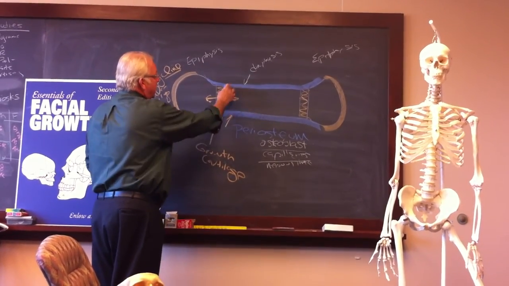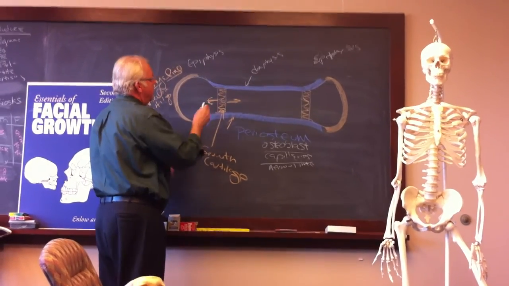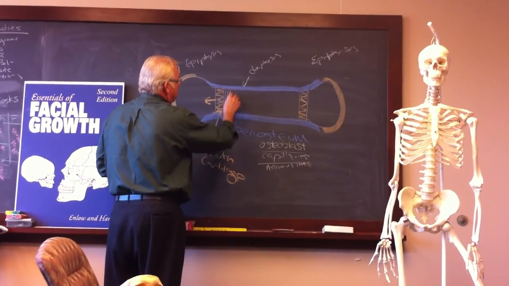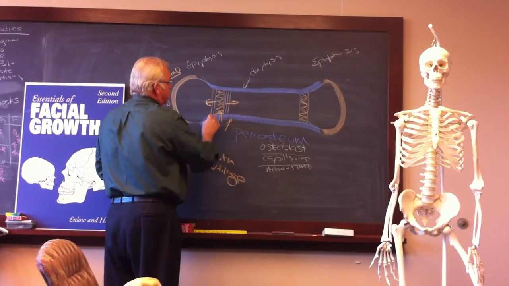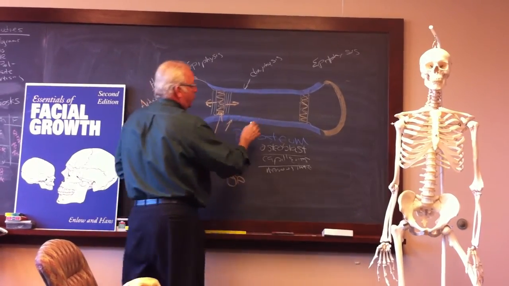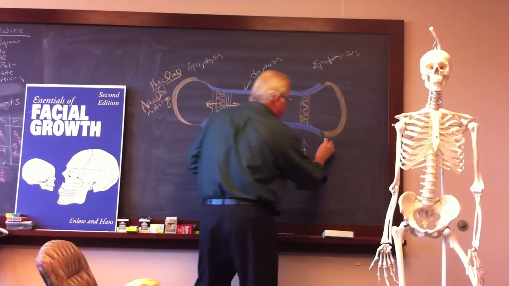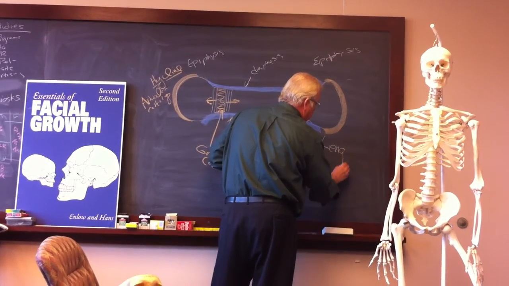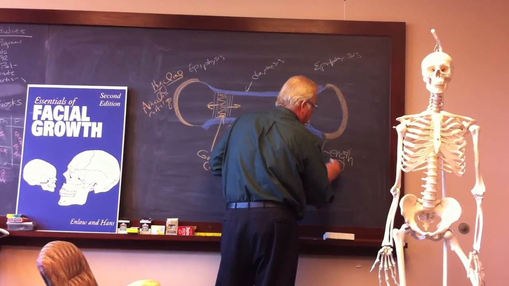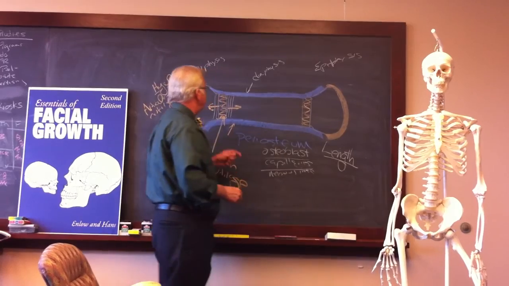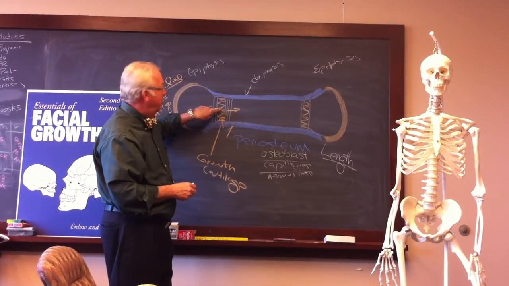Then that cartilage is converted into new bone. So long bones grow in length by the process of endochondral bone formation.